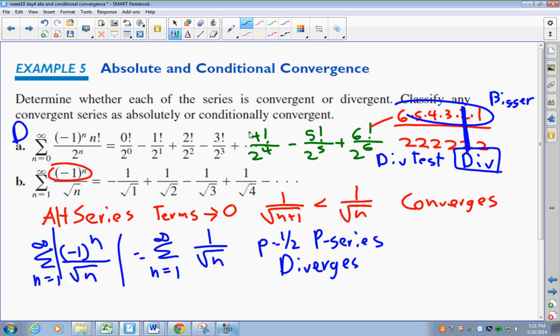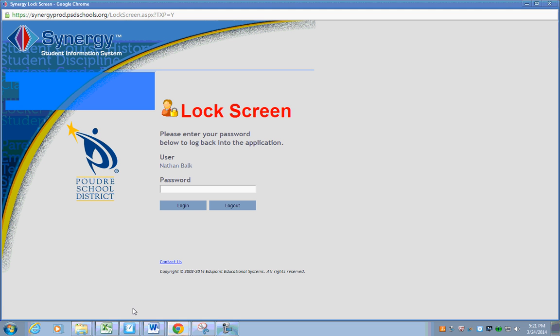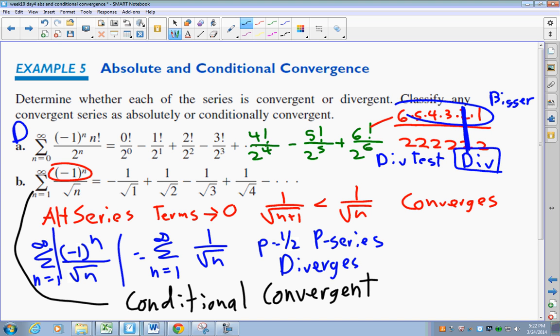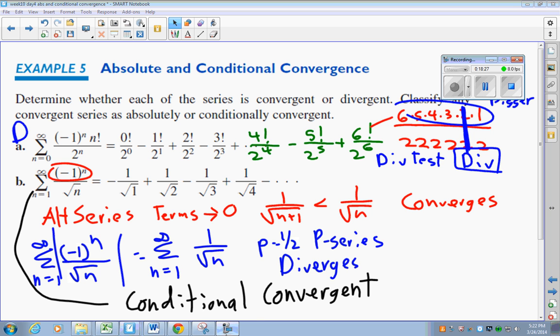So this whole thing is conditionally converging, because outside of jail, it worked by the alternating series, but inside jail, it didn't work because my exponent was 1/2, and that p series diverges.